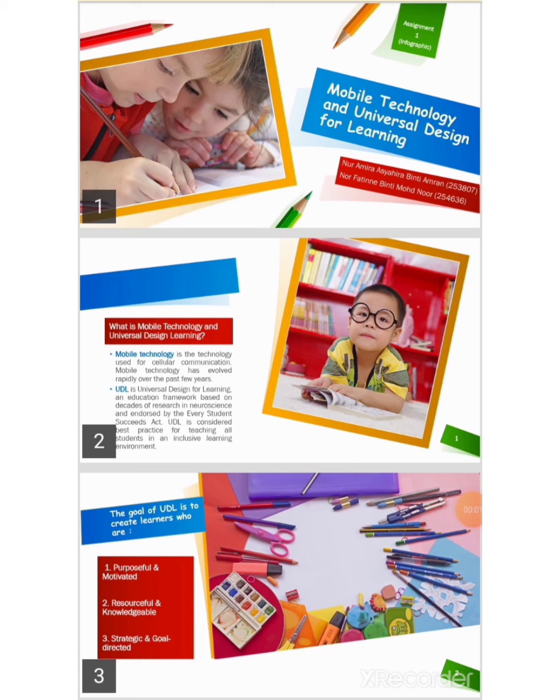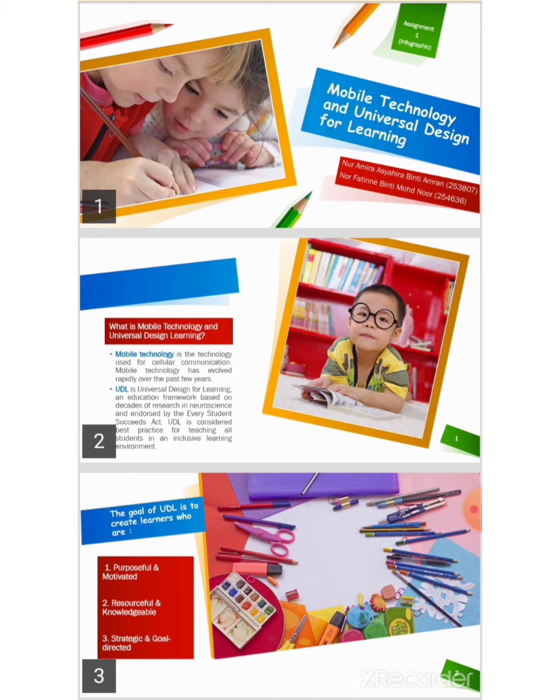Then we move to the goal of universal design for learning, which is to create expert learners. Firstly, they are purposeful and motivated. Expert learners are engaged in learning and they know why it's important to learn the material at hand.